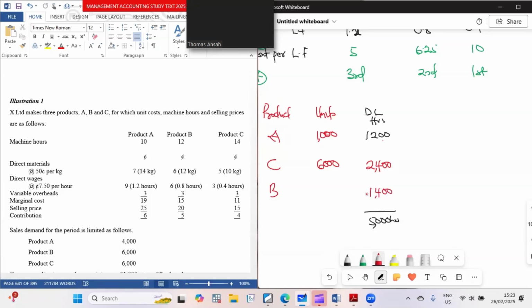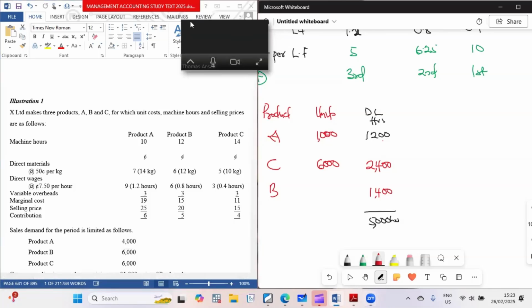But how many would we have needed? Because this would have been 0.8 multiplied by 6,000 units. We would have needed 4,800 hours to produce this 6,000. Now we don't have that. So how many are we now looking at?